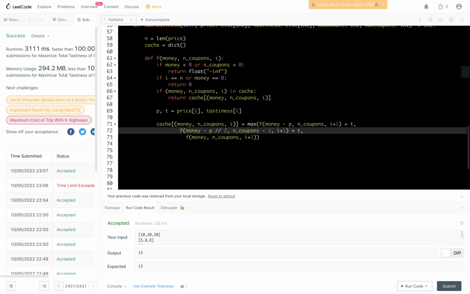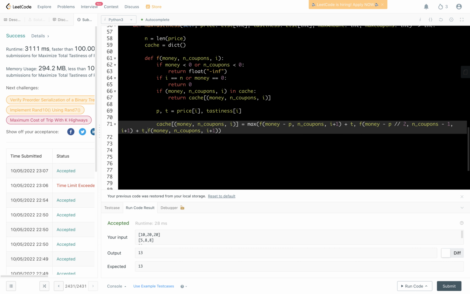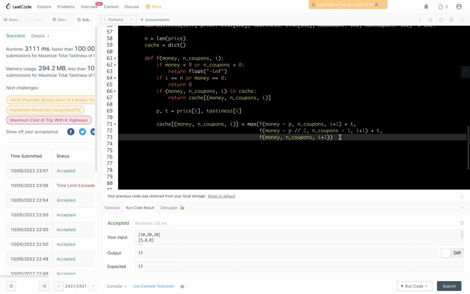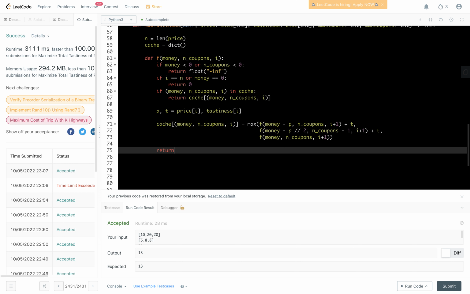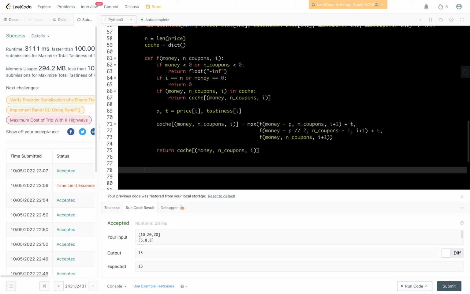So we're going to do things like this: cache at money, coupons, and i equals this part, the max of these items. Let me make sure they are okay. All right, now let's put it here.